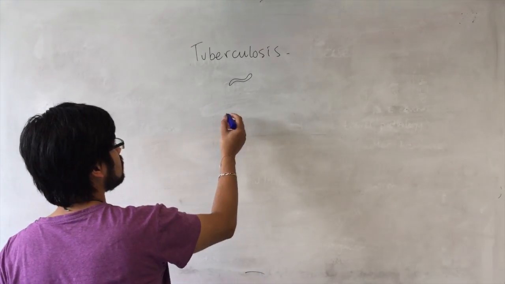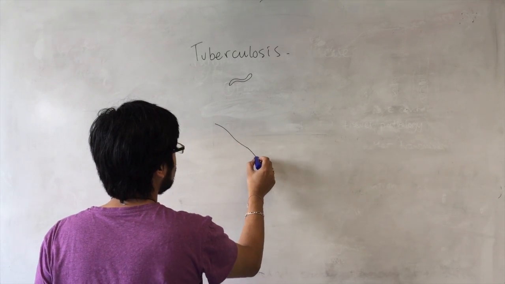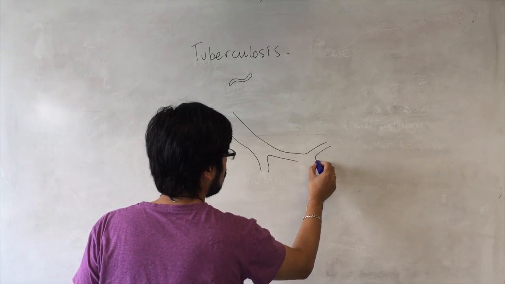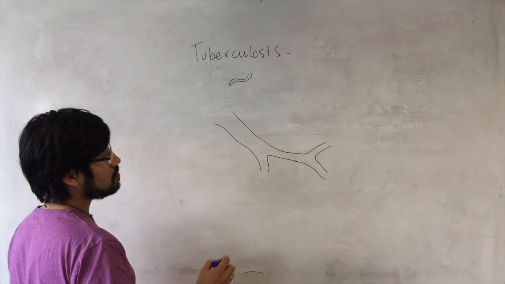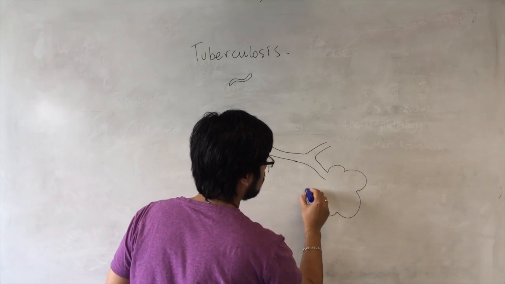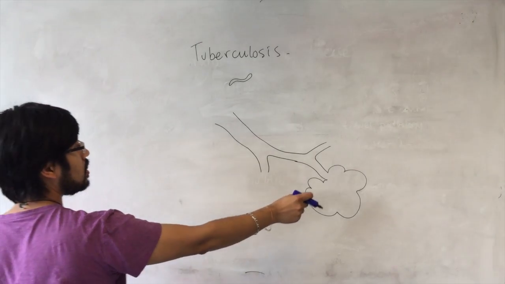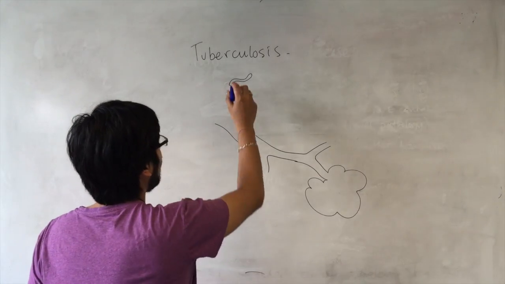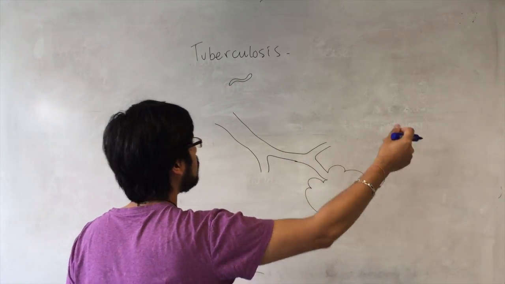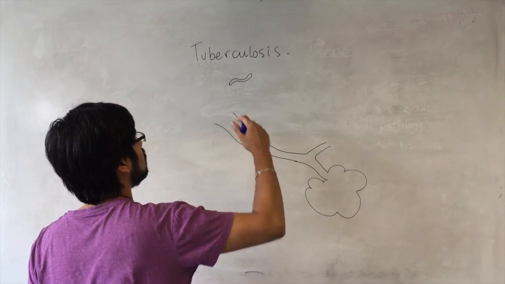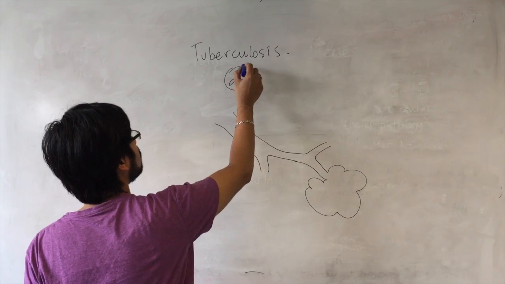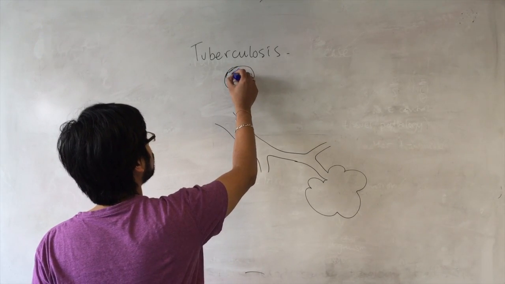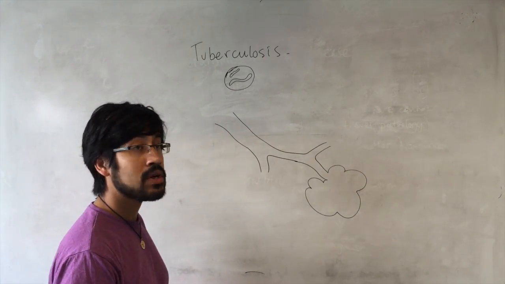So you have your lungs, right? And we've spoken about the lungs before. Let's say there, it's alveoli, bronchiole, bronchus, trachea, etc. And through a droplet, someone could inhale a very small droplet of mucus which contains lots of tuberculosis bacteria.